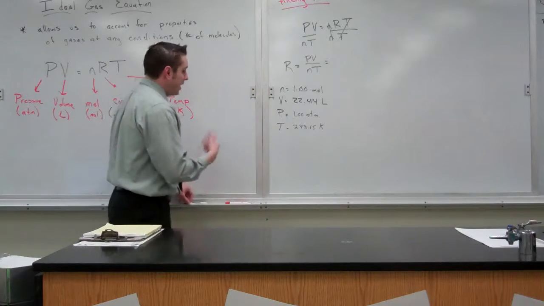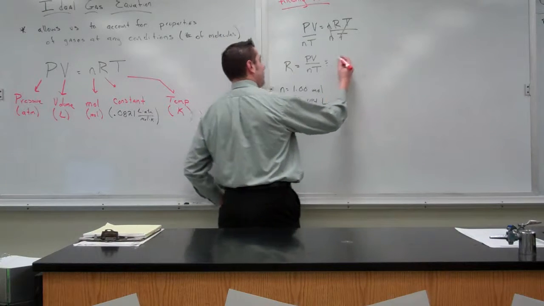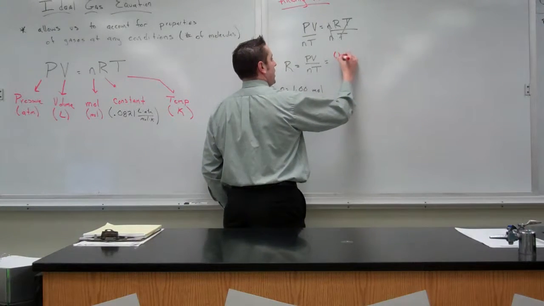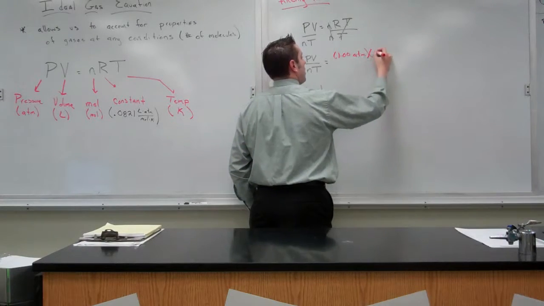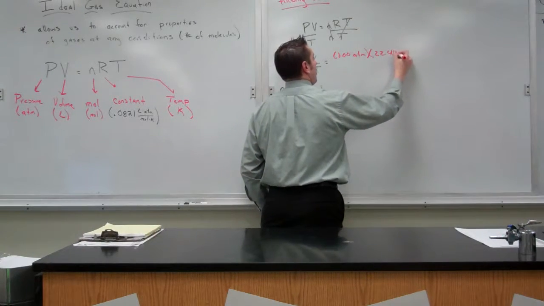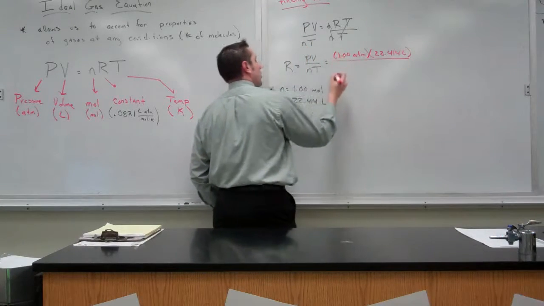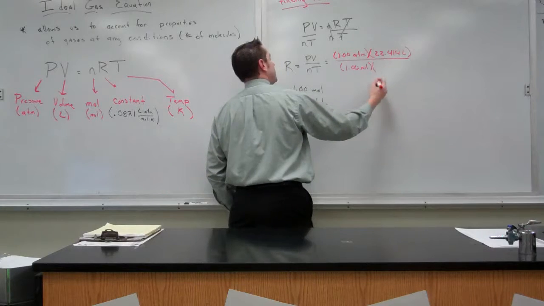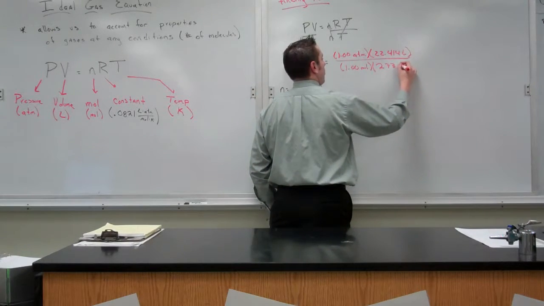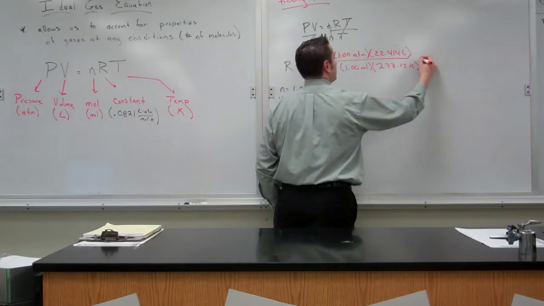If we plug these into our expression for R, you would get 1.00 ATM times 22.414 liters over 1.00 mole times 273.15 Kelvin.